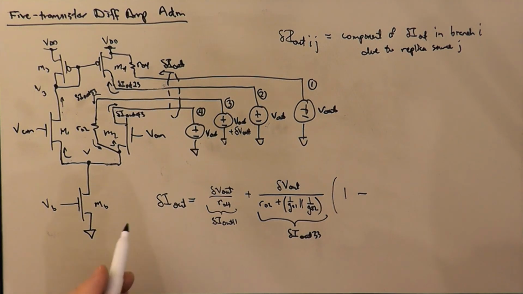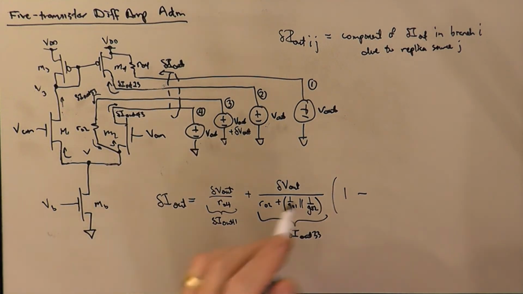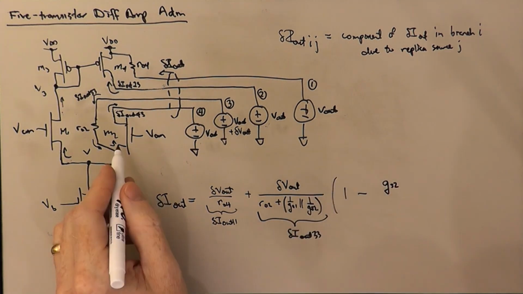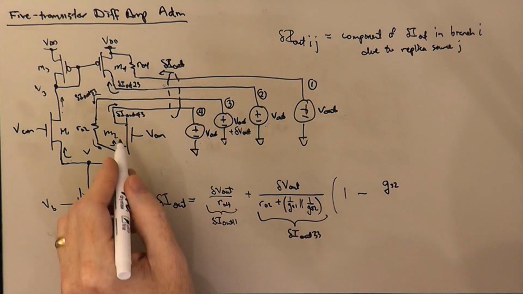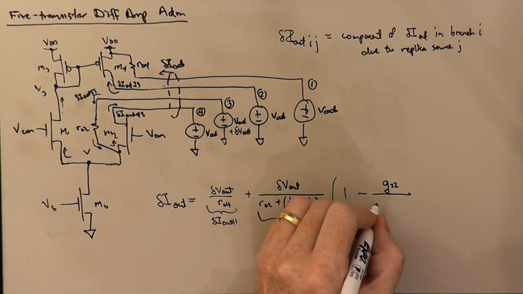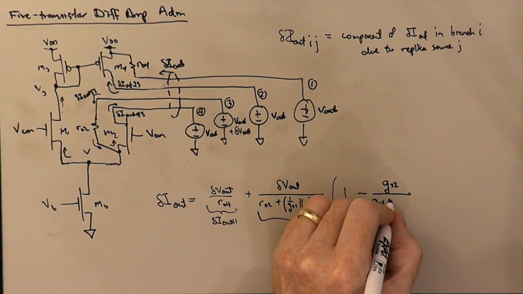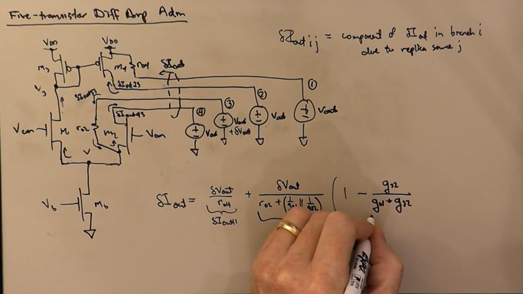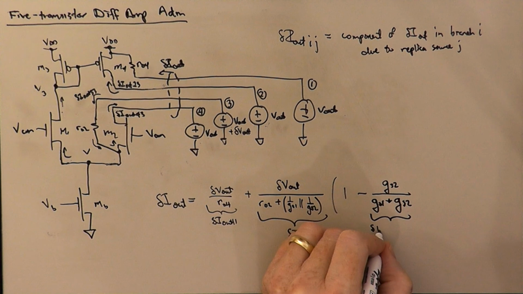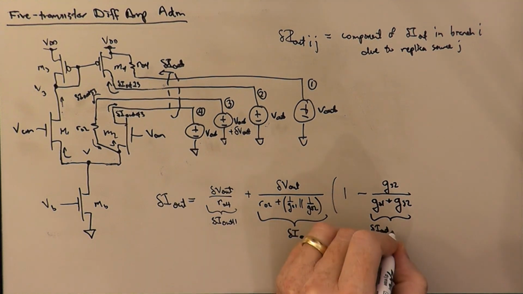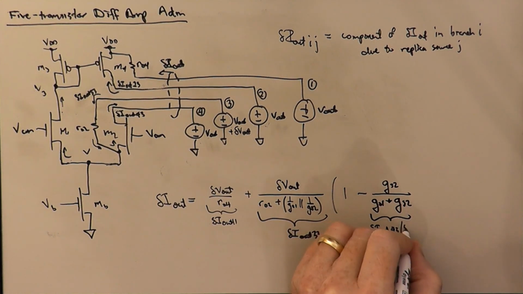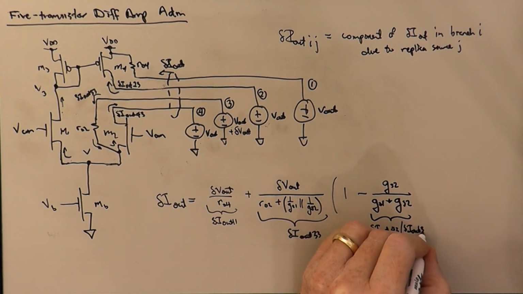And so what is that? Well, the current divider ratio is going to be GS2, it's the conductance of that branch, divided by the sum of the branch conductances, GS1 plus GS2. That's going to be the current divider ratio delta I out 4,3 over delta I out 3,3.